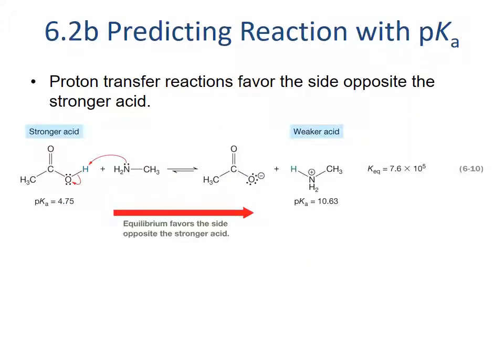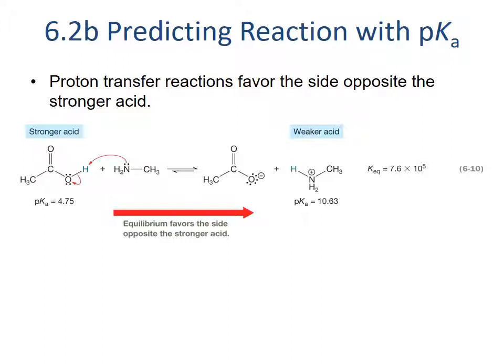Most of the reactions that we are interested in aren't straight acid dissociations in water, but are transfers of protons from one molecule or ion to another. That's okay because the pKa still tells us the relative strength, and therefore the direction the reaction will proceed, and we can even use it to determine the Keq for the reaction.